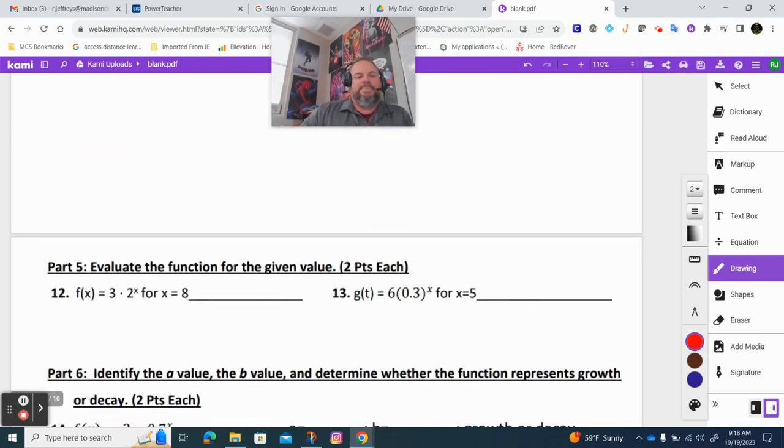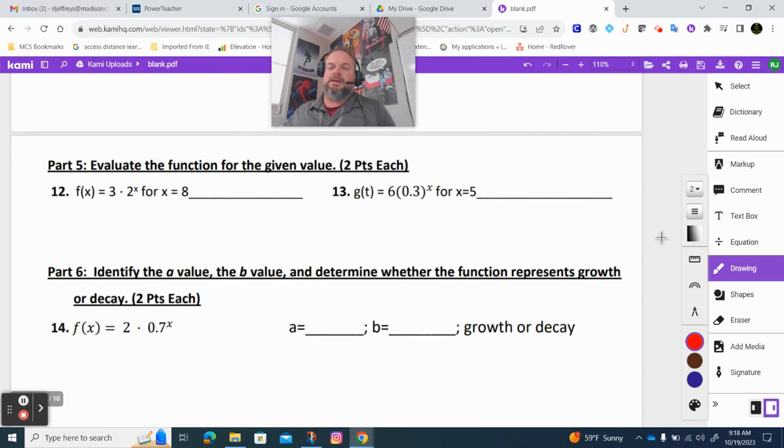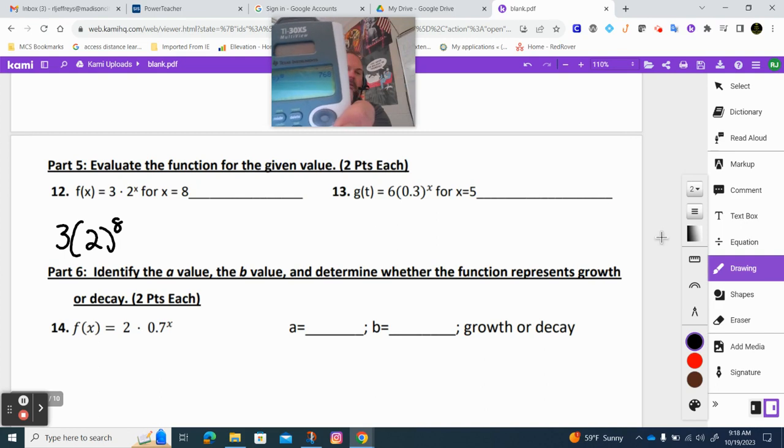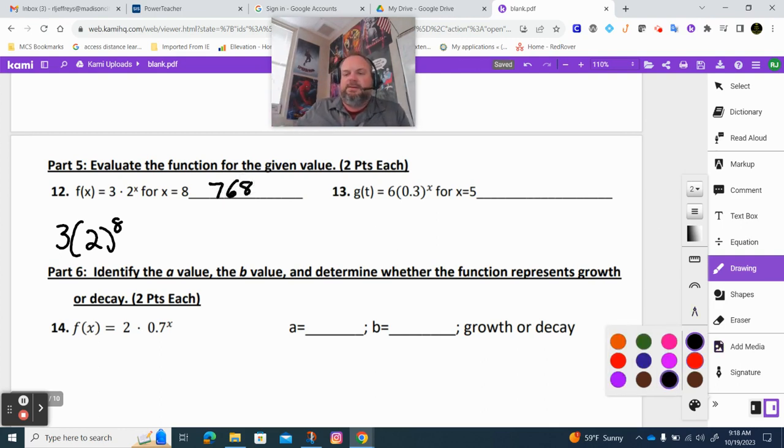All right. Number 12. So this is a calculator problem. Type it in like so. Get 768. Okay.